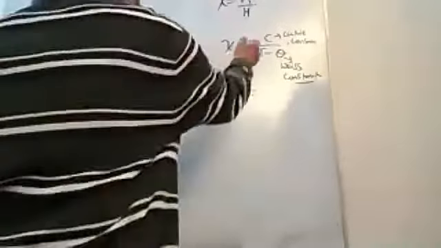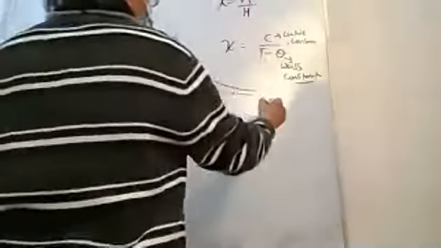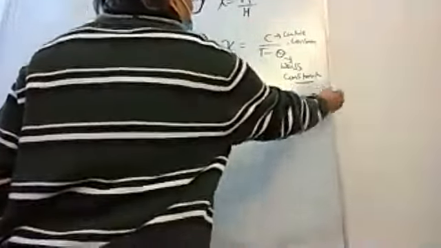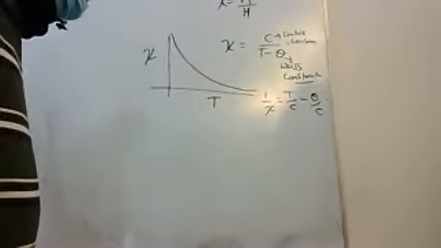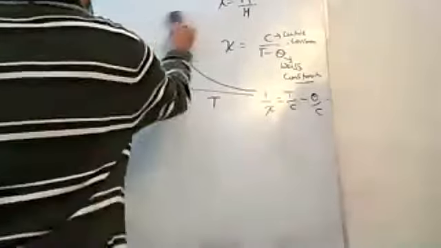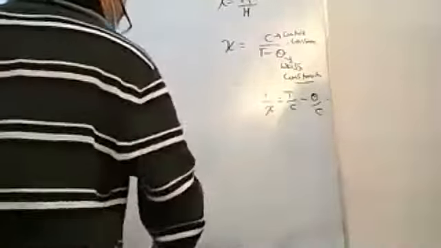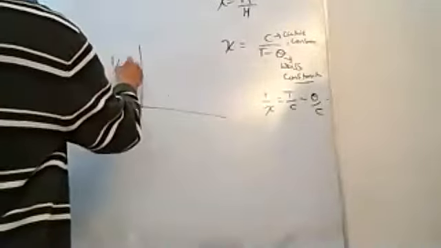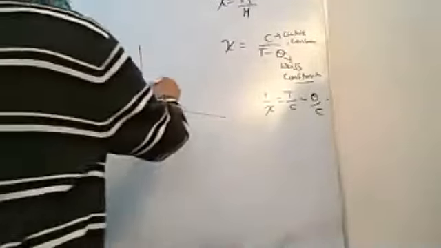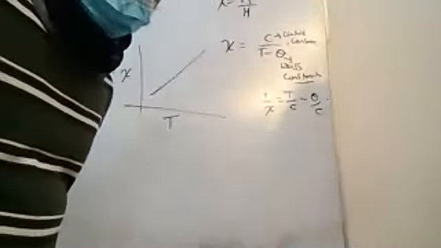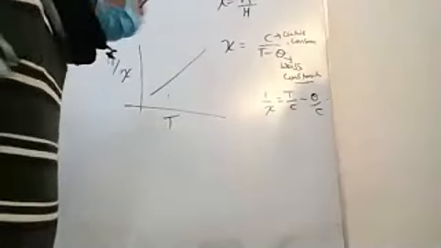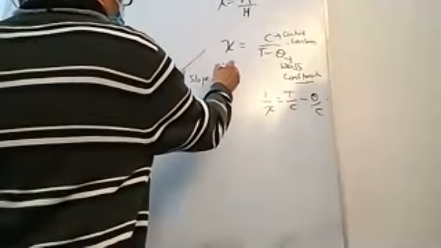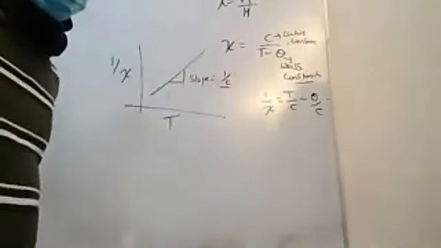But in any case, using this equation, suppose you invert that equation, 1 over chi equals T over C minus theta over C. So if you were to plot 1 over chi versus T using this equation, you get a straight line with a positive slope, and the slope here corresponds to the inverse of the Curie constant.